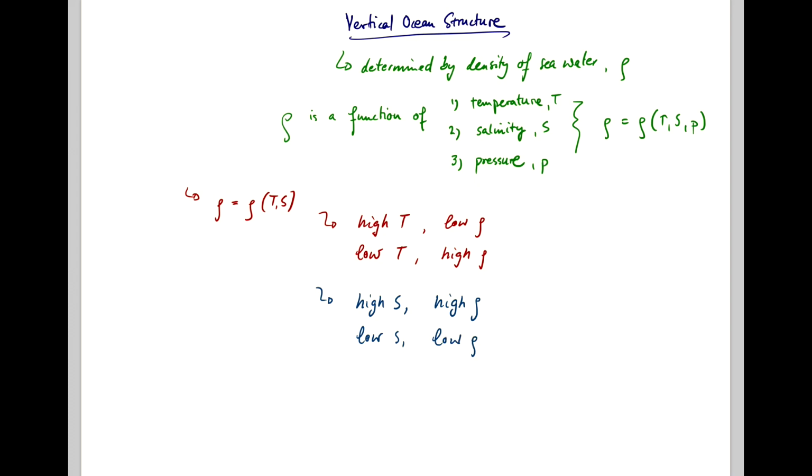And so depending on the salinity of your water column, these factors might be competing, temperature and salinity, in setting the density. And so we'll look at some typical profiles.